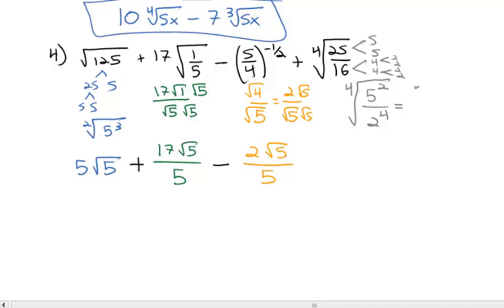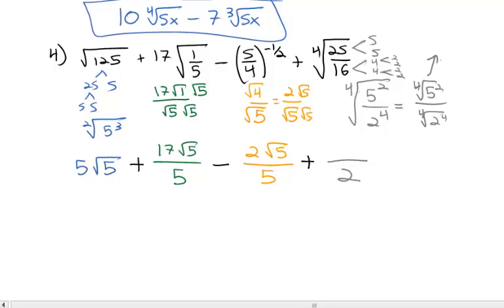Well, when we take the fourth root of top and bottom, we have the fourth root of 5 squared over the fourth root of 2 to the fourth. Which is nice because, in the denominator at least, the fourth root of 2 to the fourth is clearly 2. But what about the fourth root of 5 squared?